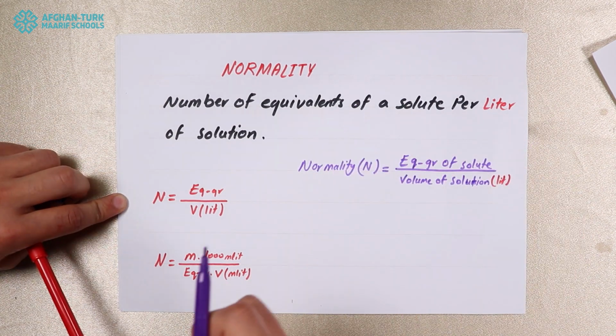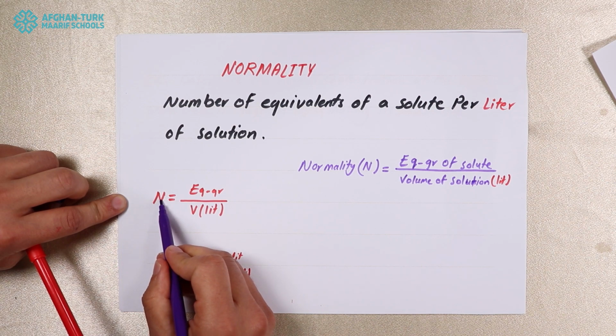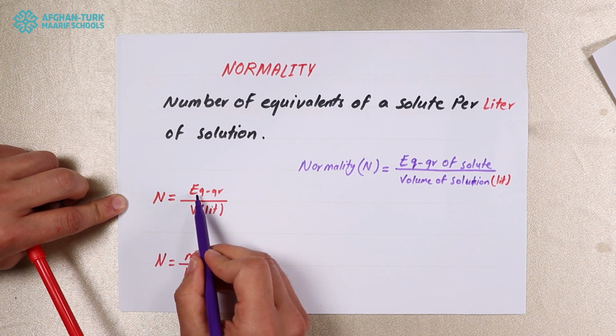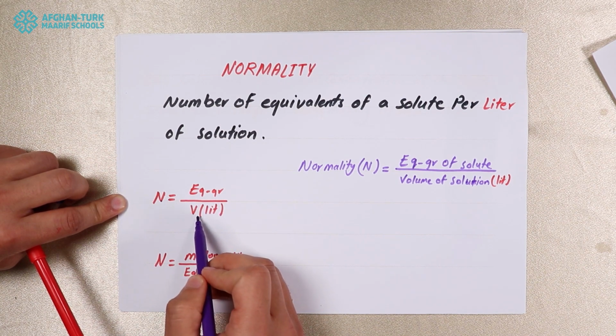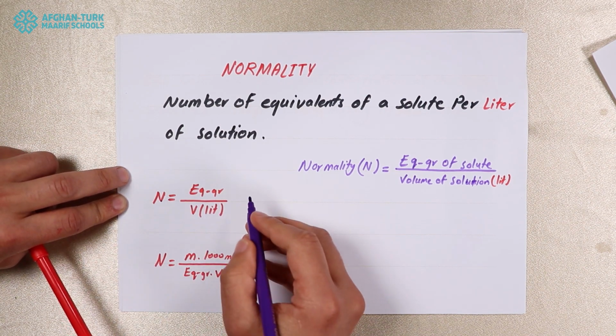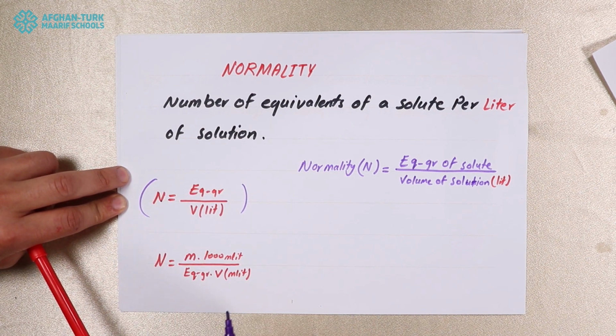According to this definition, we can write a formula. Normality is represented by capital N, equal to equivalent gram of solute dissolved in volume of the solution. We use this formula when the question gives the equivalent gram.